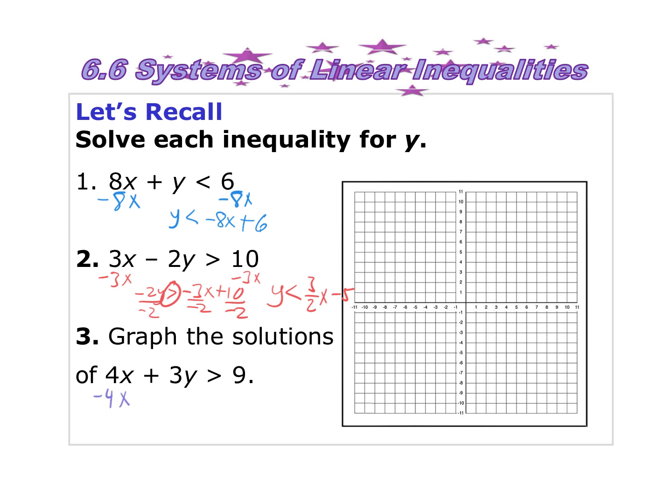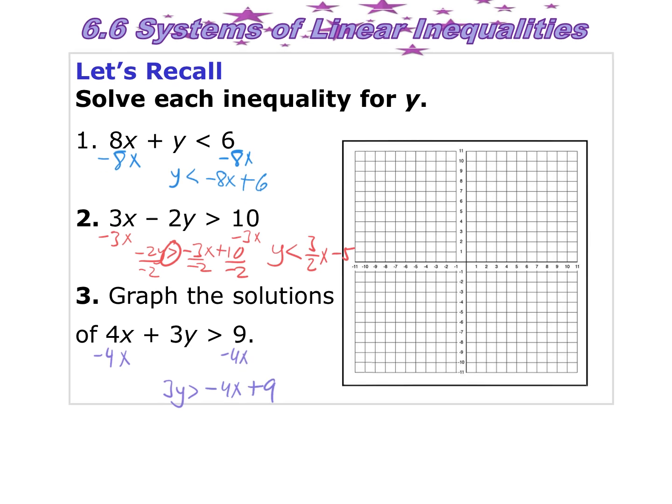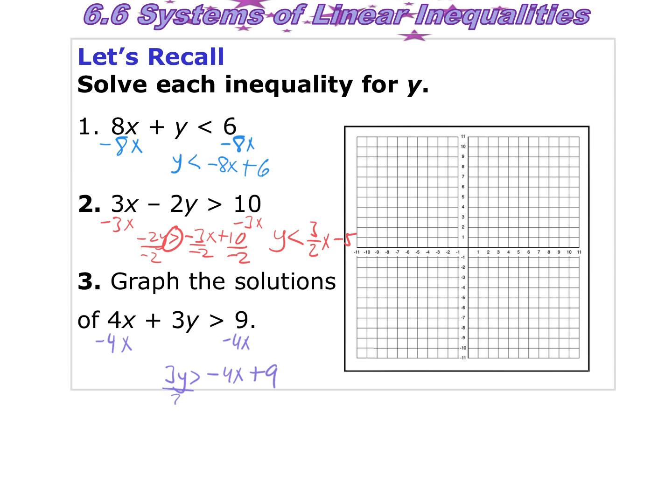So I'm going to subtract 4x on both sides, and then we get 3y is greater than negative 4x plus 9. And then we have a 3 in front of our y, so I'm going to divide everything by 3. So I get y is greater than negative 4/3 x plus 3, since 9 divided by 3 is 3.